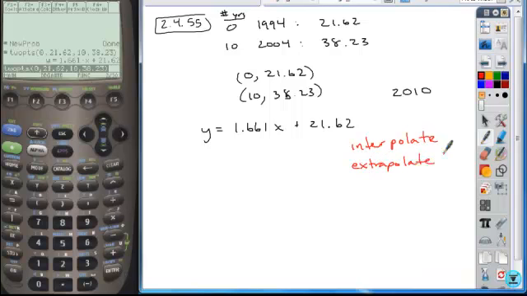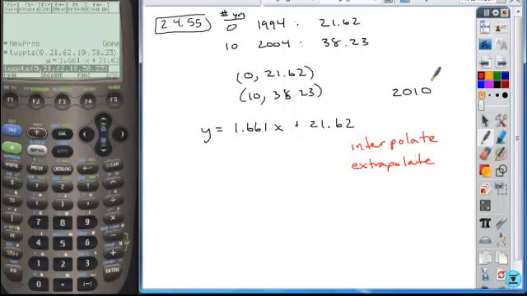Interpolate means that the value you're making your prediction for falls within the range of the values that are included. So if you were predicting the cost somewhere from 1994 to 2004, that would be interpolating. If you want to find something that falls outside the domain or the time frame that was included, then it's called extrapolating.